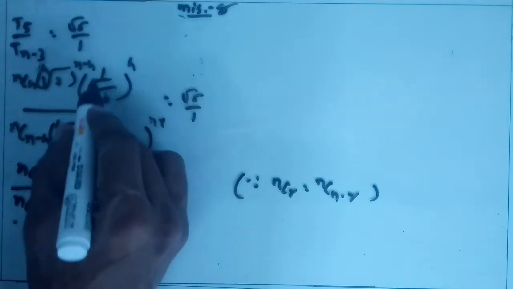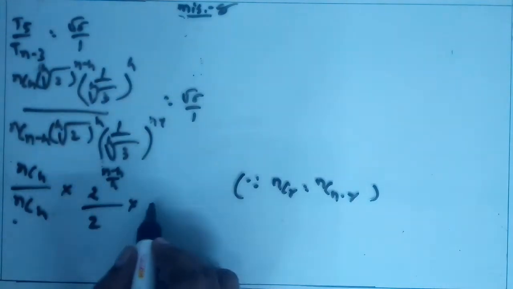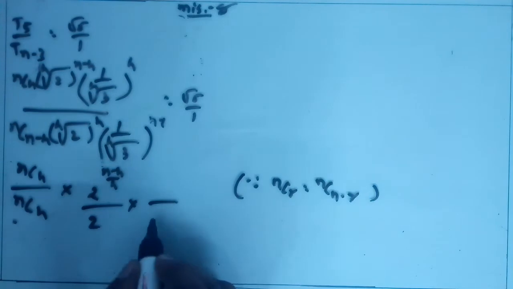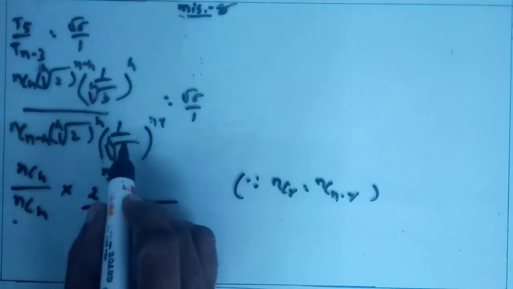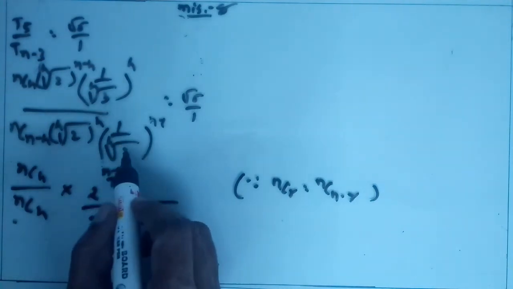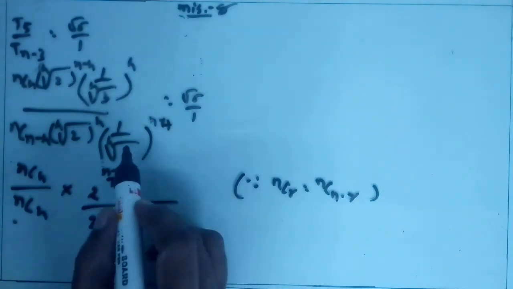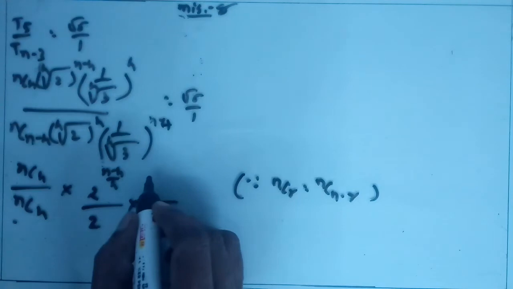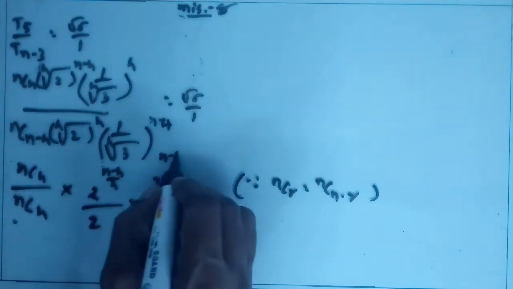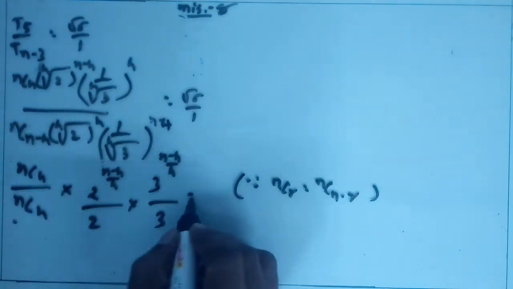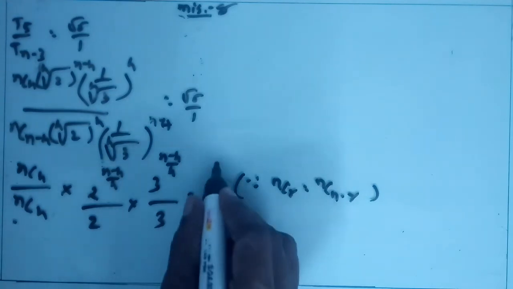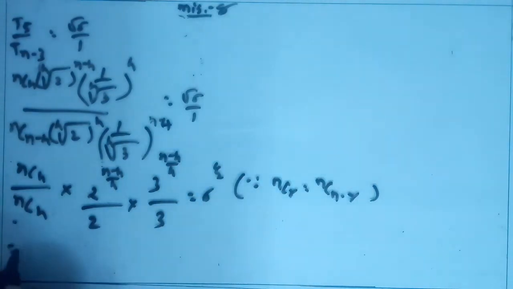Here 1 upon fourth root of 3 raised to 4 is equal to 3. And here 1 upon fourth root of 3 raised to n minus 4, so becomes 3 raised to n minus 4 upon 4, is equal to 6 raised to 1 by 2. Clear? Now simplify this.